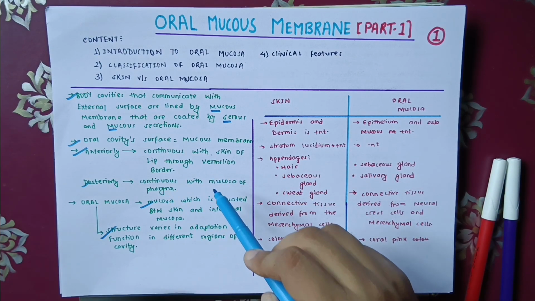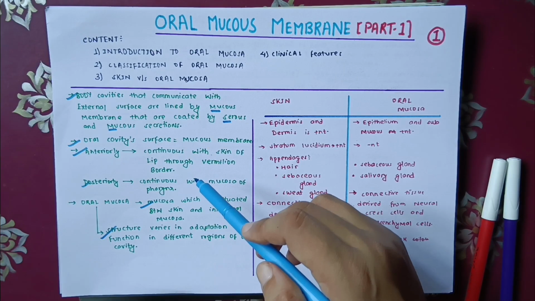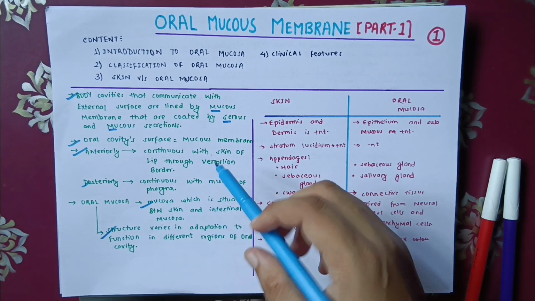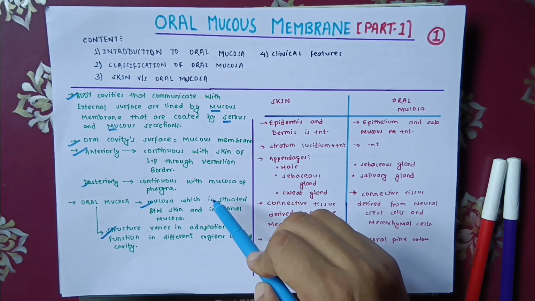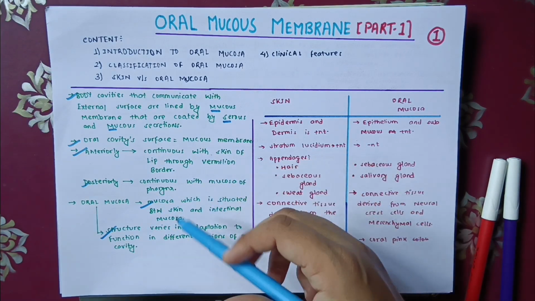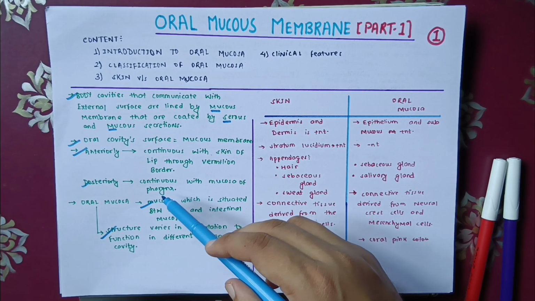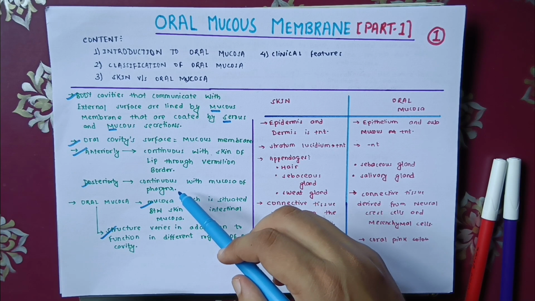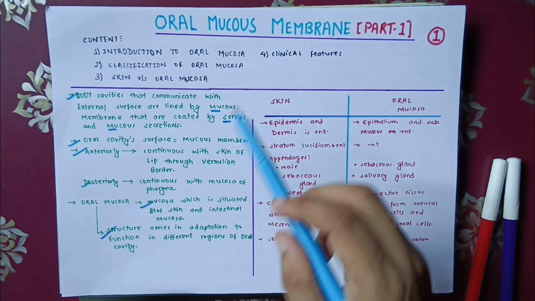I think you know about the vermilion border, you have studied it in GIT, but I will show you the picture later in this video itself. And in the posterior section it is connected with the GIT, that is, the pharynx. So it is continuous with the mucosa of the pharynx in the posterior portion of the oral mucous membrane.